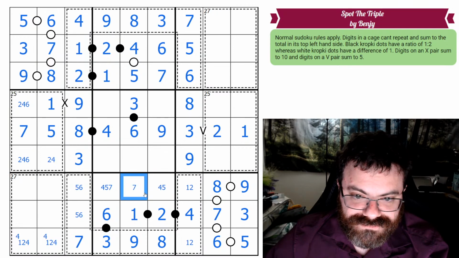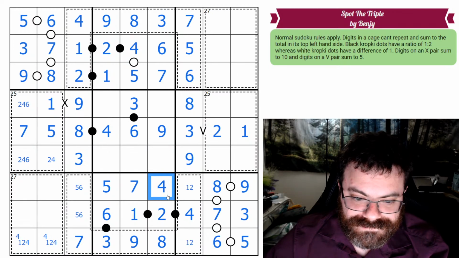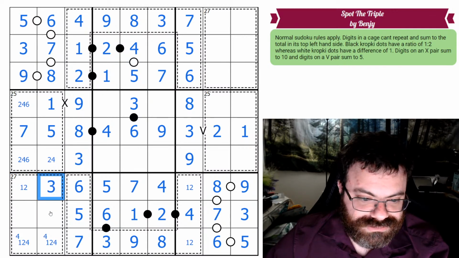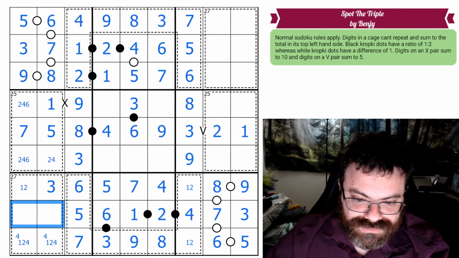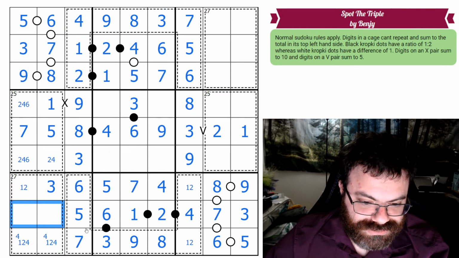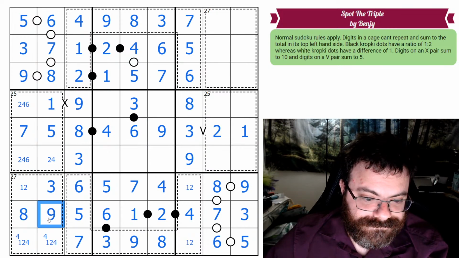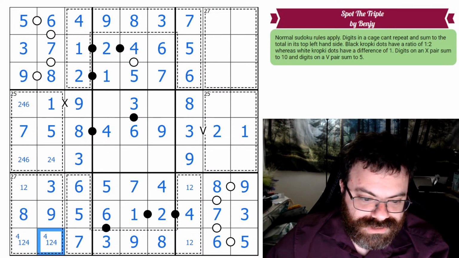It's not 7, that's not a 5 or a 4, that's a 7. 5 and 4. 6 and 5. That's a 1, 2, 3. That's not 3. 1, 2, 4 triple. Let's see. We need 8 and 9. That goes this way. That can't be 1.